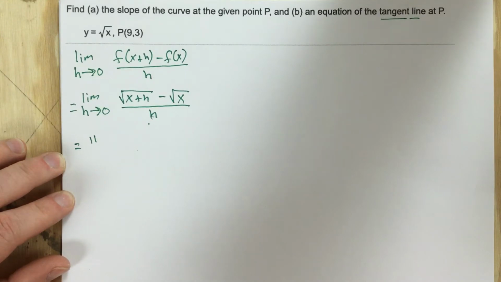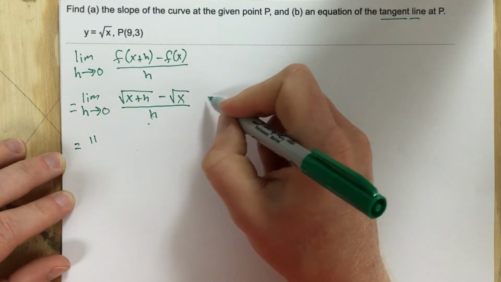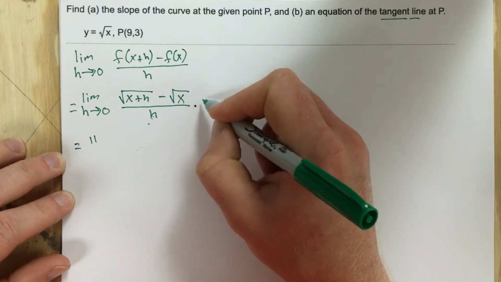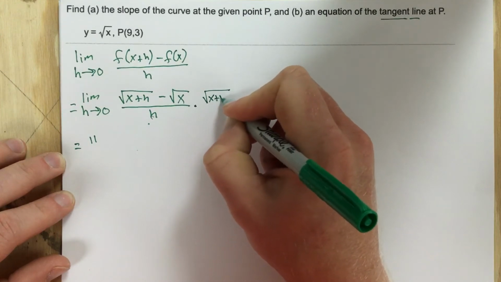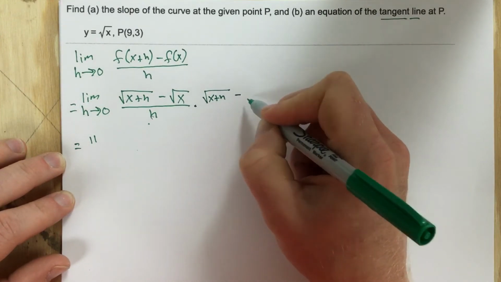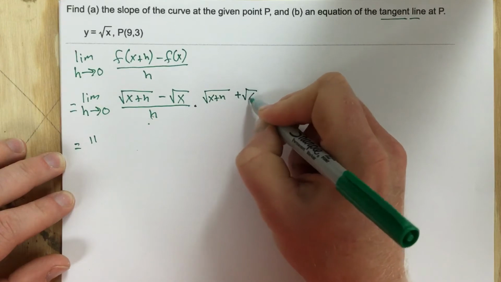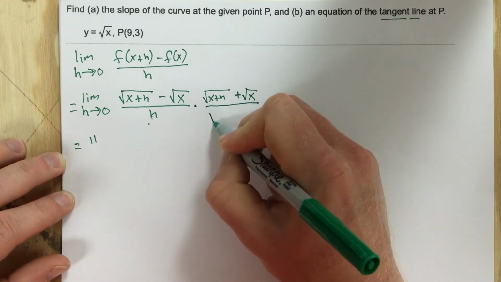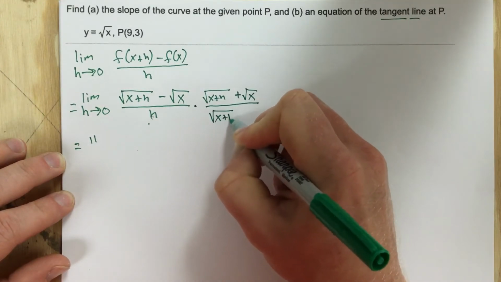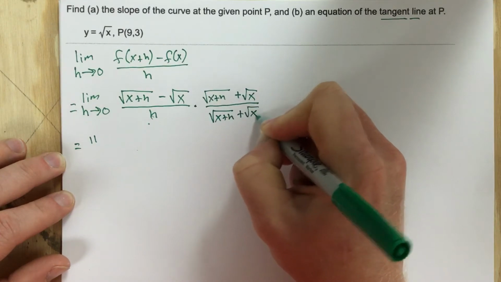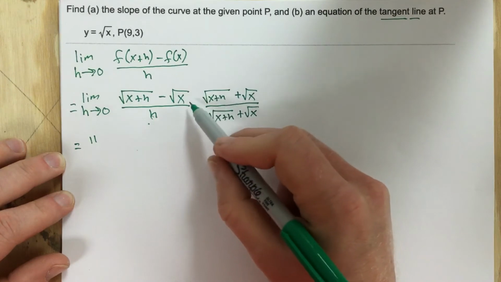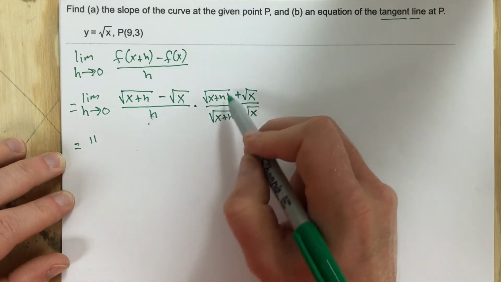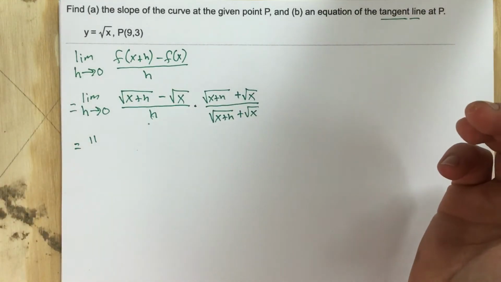So let's multiply by the root of x plus h plus the root of x, and we're going to do the same thing to the bottom, so we're going to multiply by root of x plus h plus root of x. And the reason why we're doing it to both the top and bottom is because this is 1. We want to make sure when we multiply this fraction, we multiply it by 1 so that it doesn't change the expression.